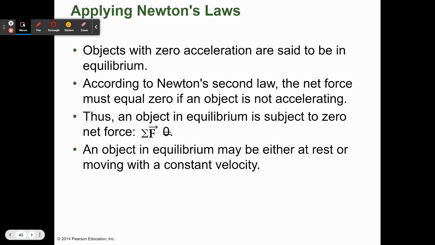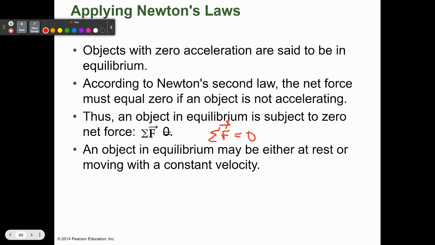All right, objects with zero acceleration are said to be in equilibrium. According to Newton's second law, the net force must equal 0 if an object is not accelerating. So an object in equilibrium does not have any net force acting on it. So the sum of the forces has to be equal to 0.